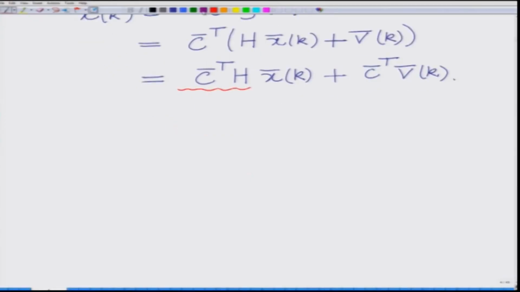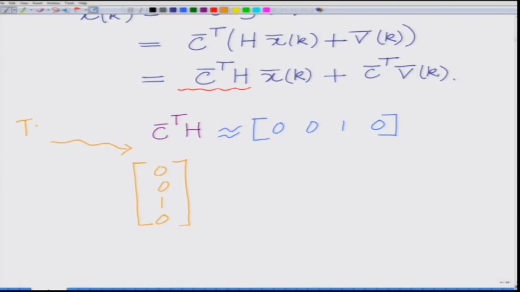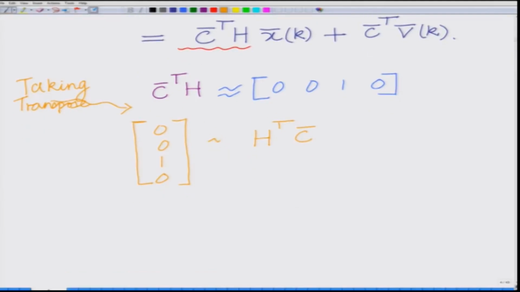This can be expressed as: C bar transpose H should be as close an approximation as possible to 0 0 1 0. Taking the transpose, I have H transpose times C bar should be as close as possible to this vector, and H transpose, the transpose of H, is the matrix 1, 0.5, 0, 0; 0, 1, 0.5, 0; 0, 0, 1, 0.5, times C bar.